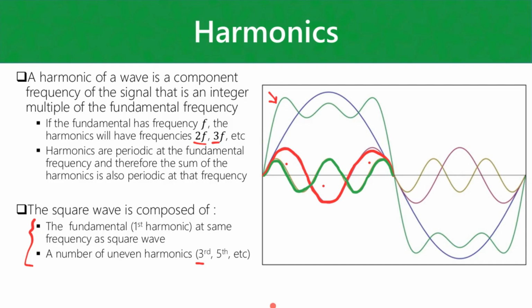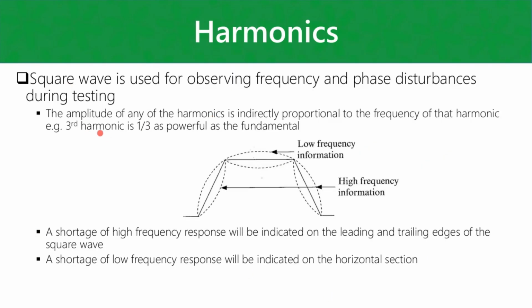So what I mean is that if you look at the third harmonic, for instance, the third harmonic is a third of the fundamental's magnitude. It's going to be the same with the fifth as well. So the fifth harmonic is going to be a fifth of the fundamental's magnitude. Same with the seventh, same with the ninth.